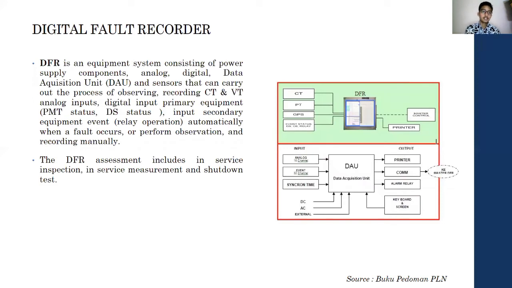And the last one is digital fault recorder or DFR.